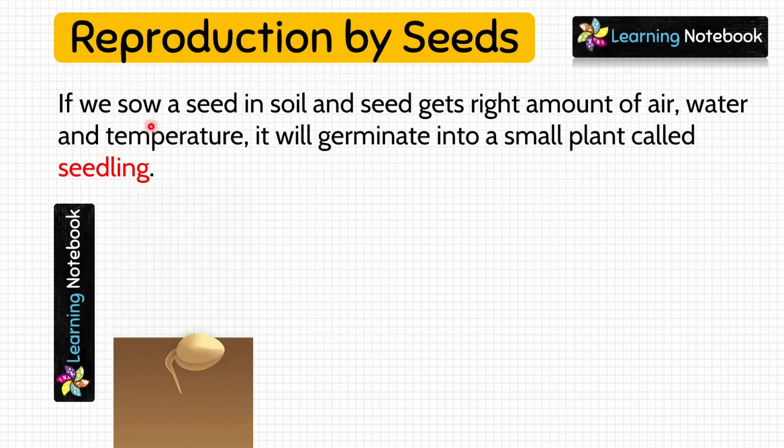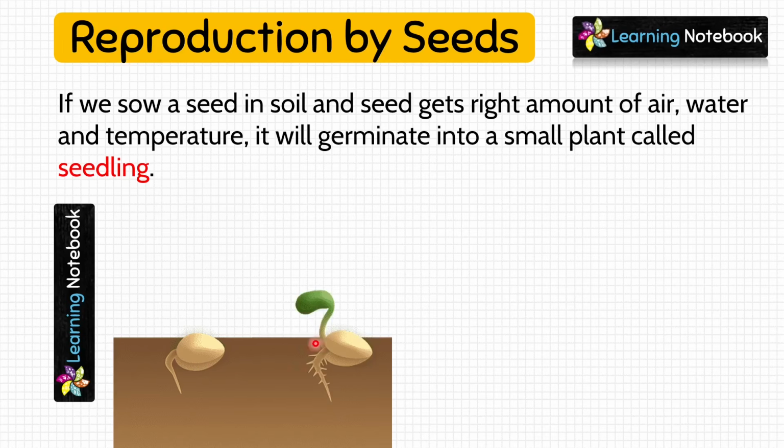If we sow this seed in soil and it gets right amount of air, water and temperature, it germinates into a small plant which is known as seedling. So this is the seedling. The seed has a small shoot and a small root. So seed has become a seedling now.